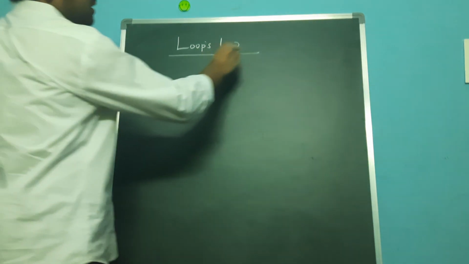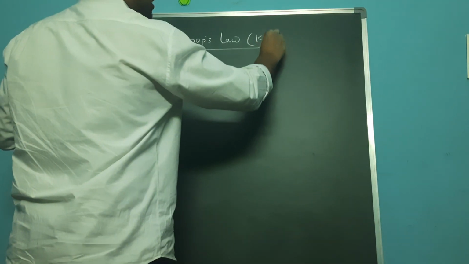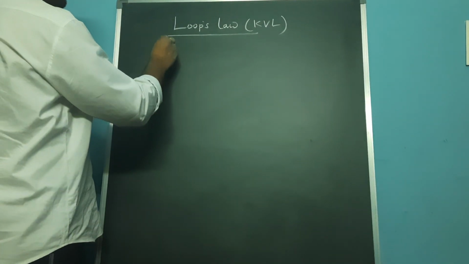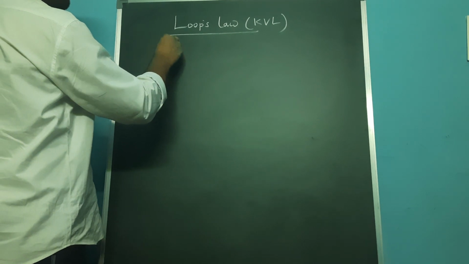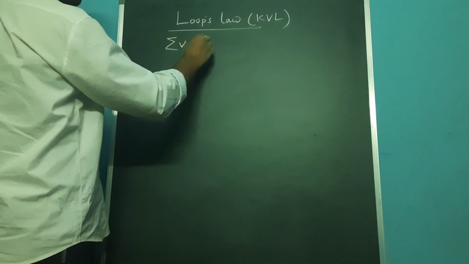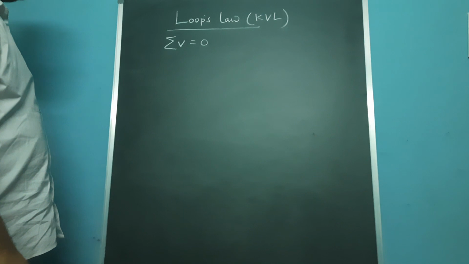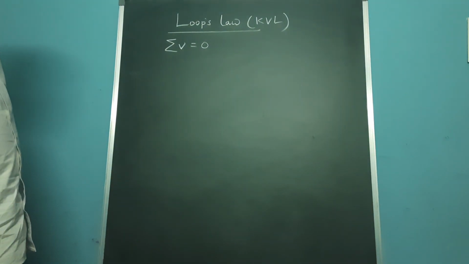According to Loops law, which is also known as KVL, the algebraic sum of voltages in any closed loop is equal to 0. Sigma V is equal to 0.